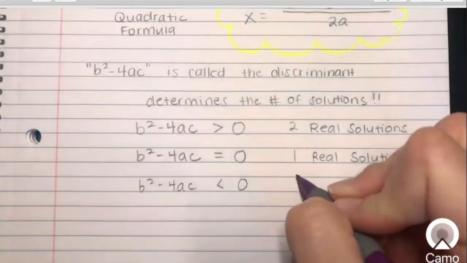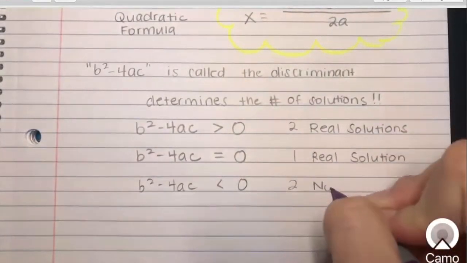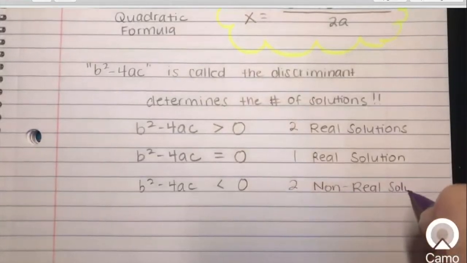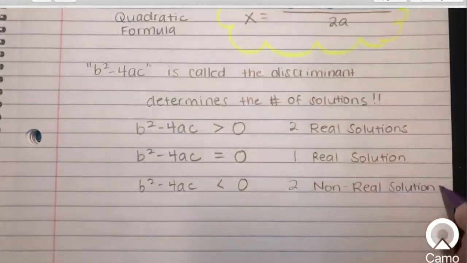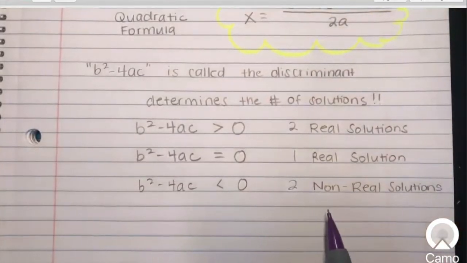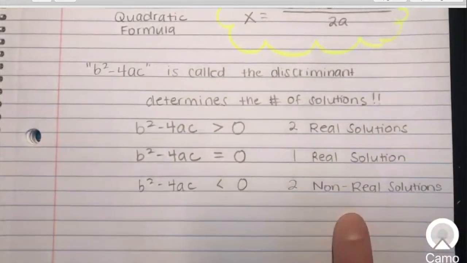So we can say there are going to be two non-real solutions, whether they are imaginary or complex. Remember, imaginary numbers have just the i. A complex number has the imaginary part plus a real number added to it. So it could be either one.